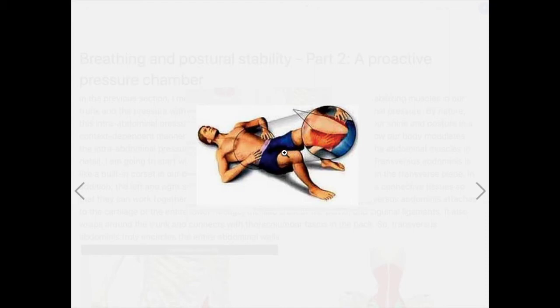While this method can be useful to help people become more conscious of proactive activation of transversus abdominis, it is unrealistic to apply this method to many of our daily movements.